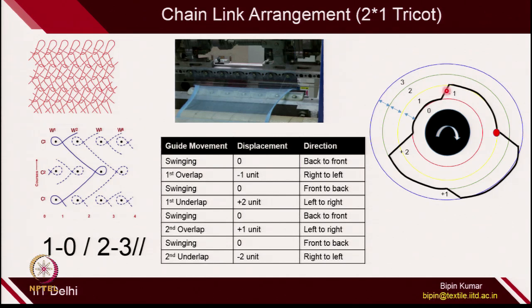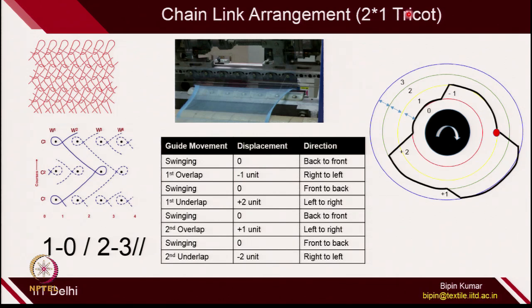When it is going down, it means it is moving towards the left direction. When the radius is increasing, the guide bar is moving towards the positive direction, and this is how sequences are arranged for creating this particular 2 cross 1 tricot.